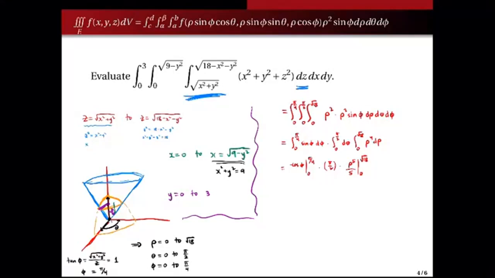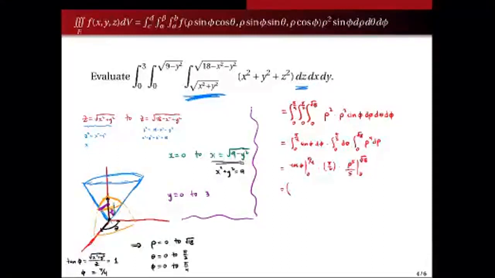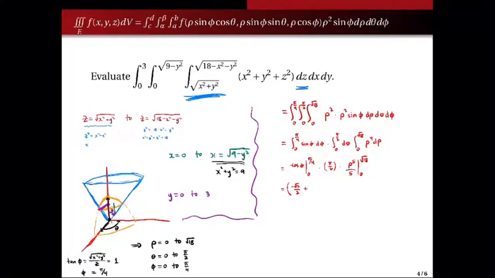So evaluating, we will have here negative cosine pi over 4, that's negative square root of 2 over 2, minus negative cosine 0, so that's plus 1. Then we have here pi over 2.